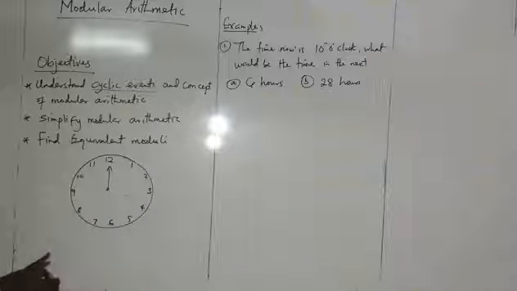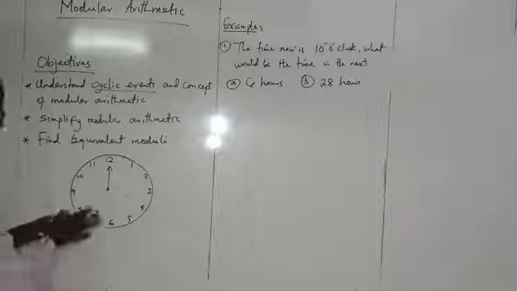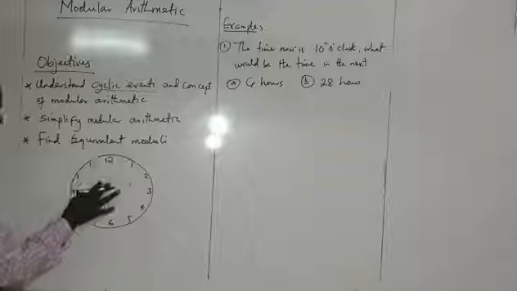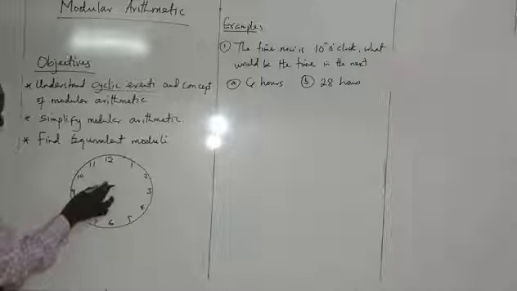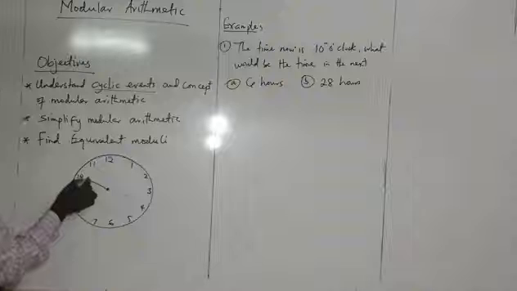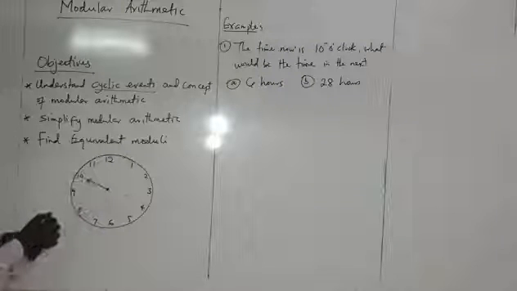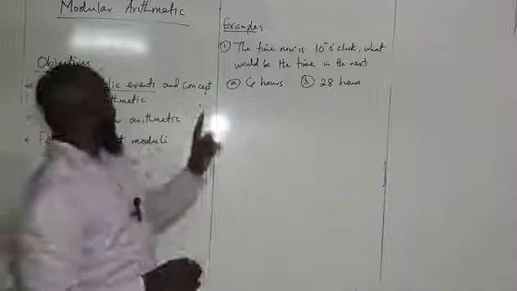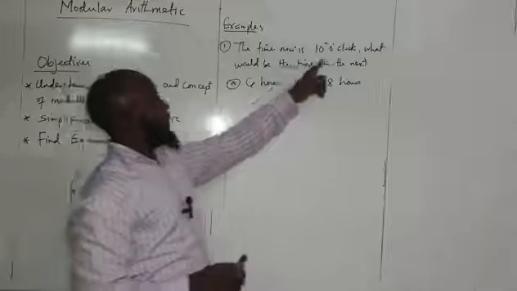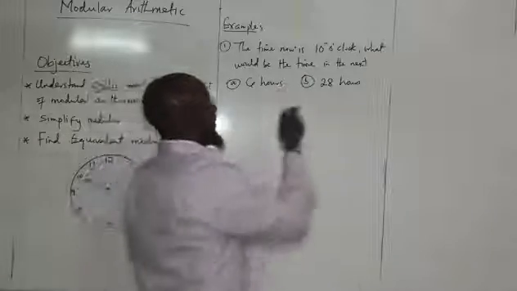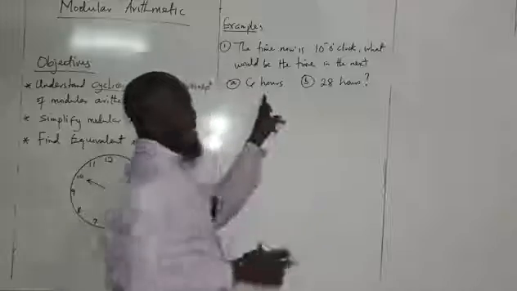So the time is 10 o'clock now. What we're going to do is put the hour pointer on 10. The time is 10 now, and what will be the time in the next 6 hours?